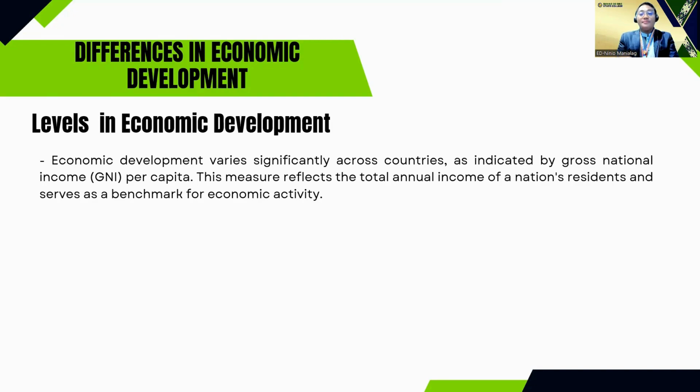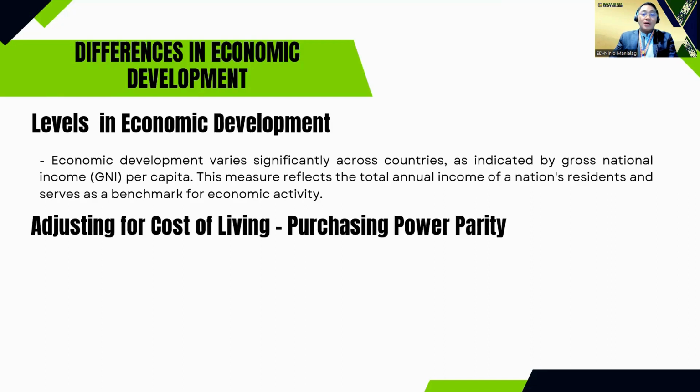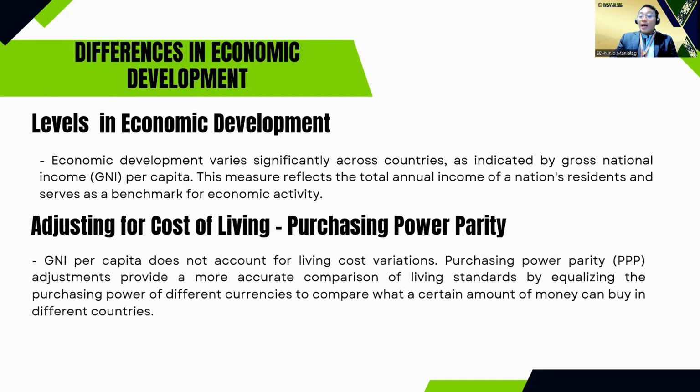So let's talk about adjusting for cost of living. So this is purchasing power parity, or PPP. GNI per capita does not account for living cost variations.